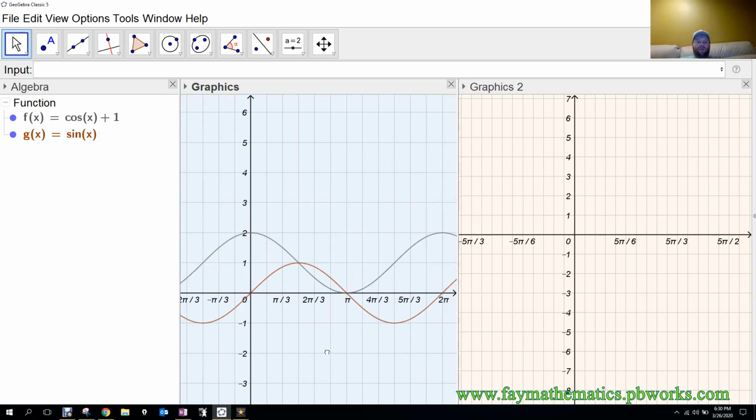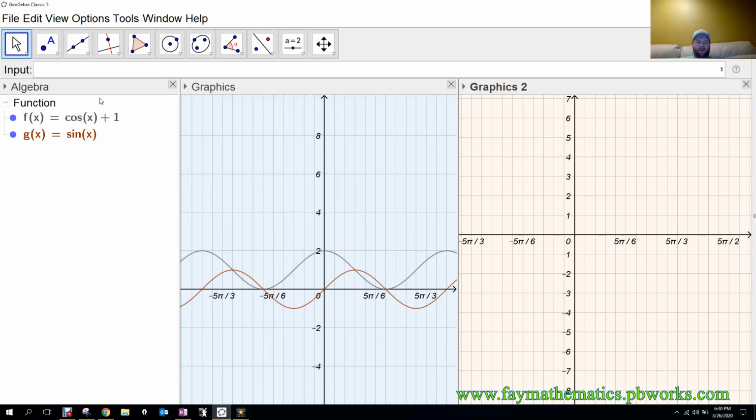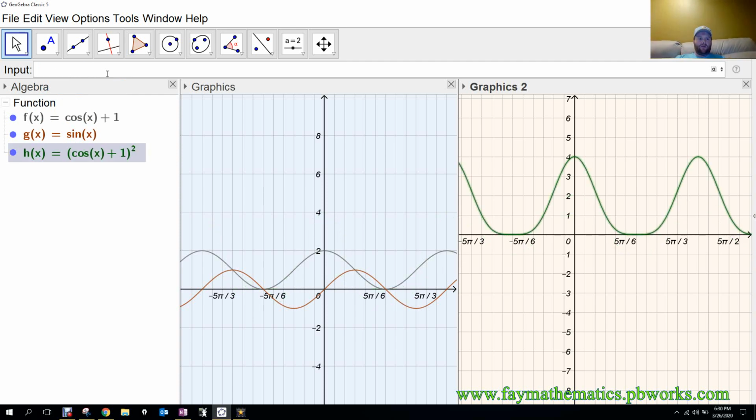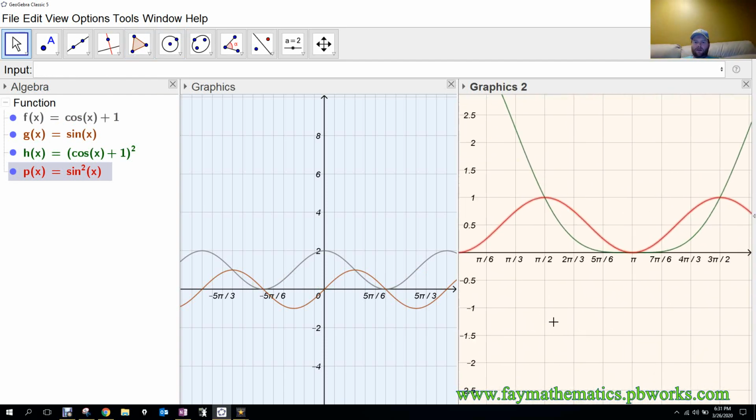But when we square things, I'll look at what the squared version looks like on the yellow, and it would essentially be cosine of x plus 1 squared. Where does that equal sine squared of x?